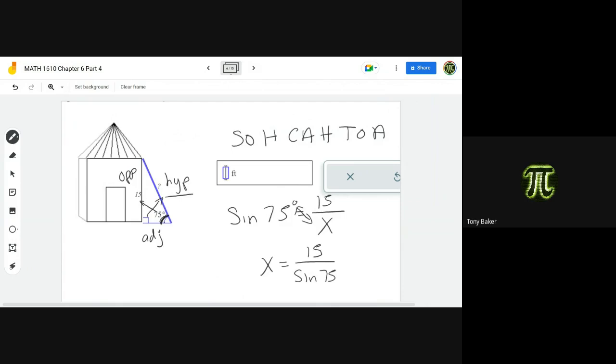So if you did this in your calculator, you should get 15.53 if you round off to 2 decimal places. If you do not get 15.53, you did something wrong when you typed it into your calculator. I would highly suggest, if you're having trouble, to try this in your calculator and make sure you get the right answer.